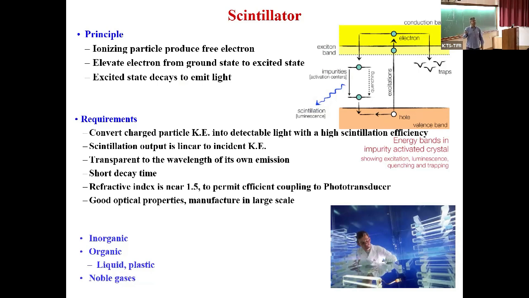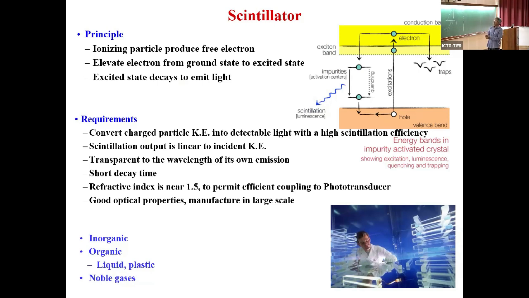But most of the time we put in some impurity so that states are created in between, and when the transition occurs within those states, it gives you the scintillation photons. Scintillation photons have an energy of 2 to 3 electron volts, in the visible range, which we detect.